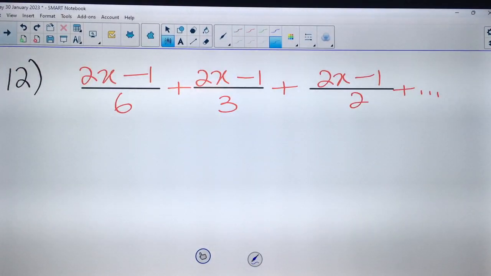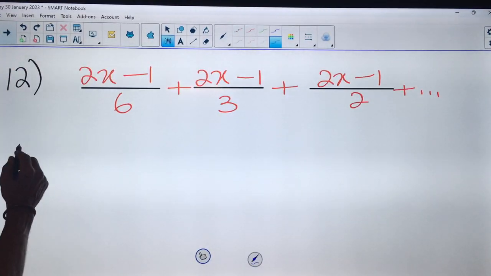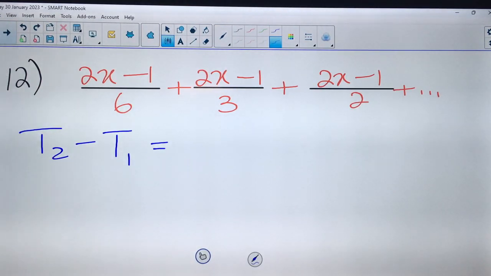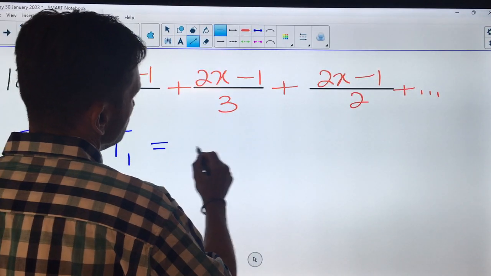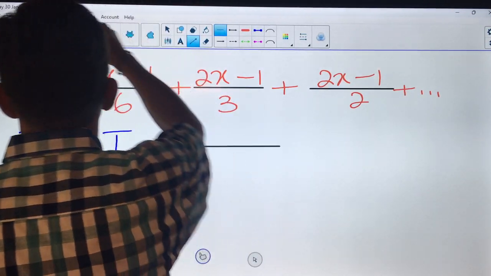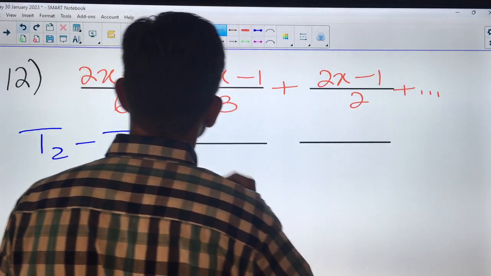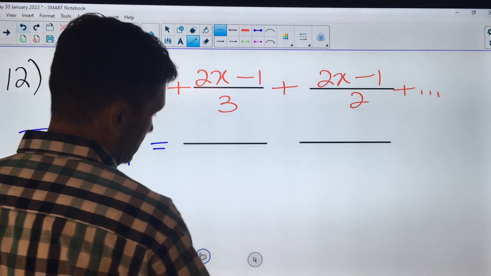We start with T2 minus T1. So I'm going to go with T2 minus T1. Now it comes down to you being able to do fractions still. And unfortunately, with this, you cannot use the calculator.